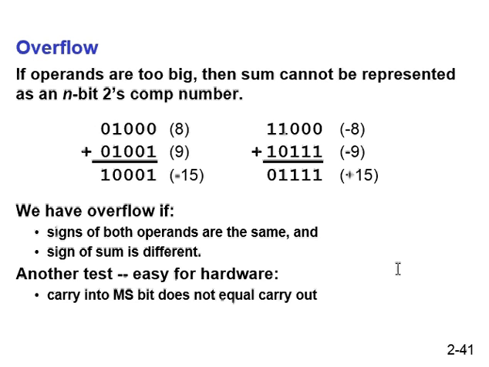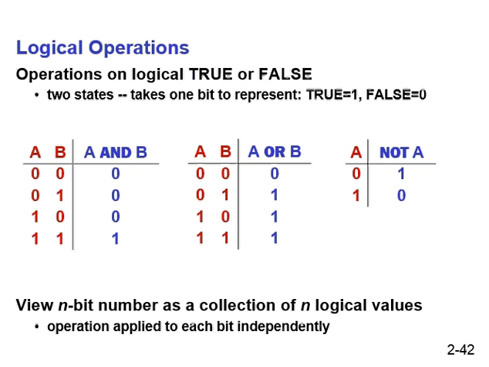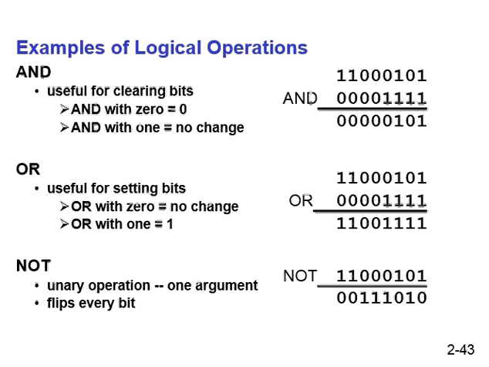For example, over here you have the addition between these values. So the sum is 17, but in fact we get minus 15. That's wrong.